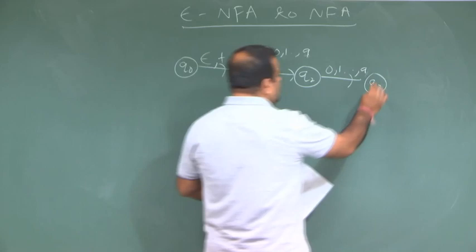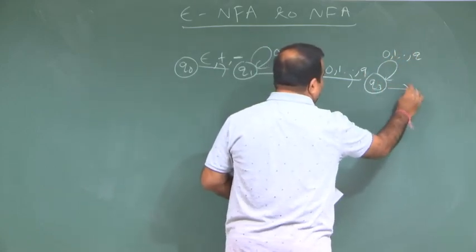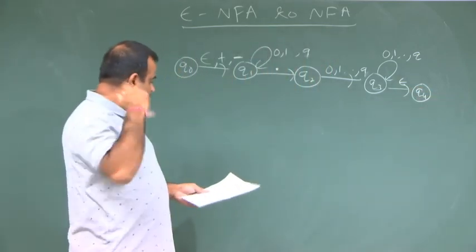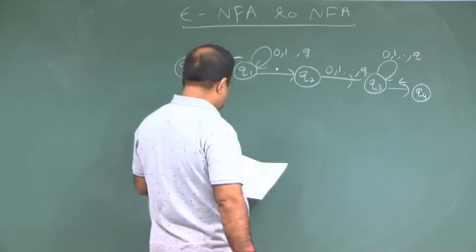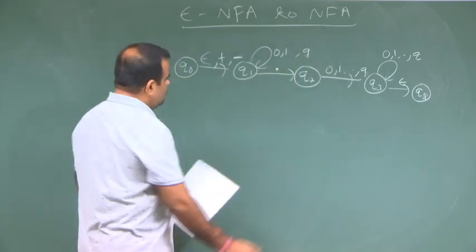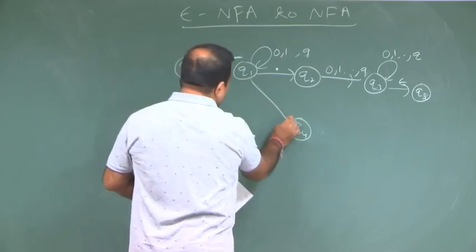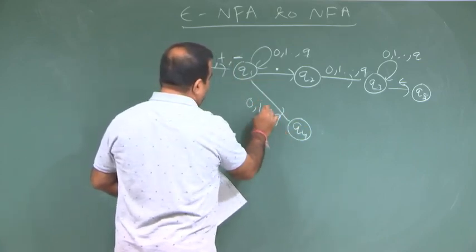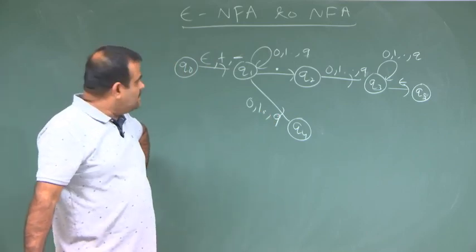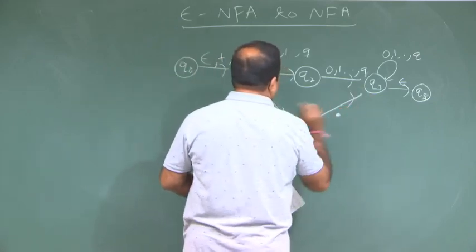From Q3 we hop here if we have a digit input, and finally we will go to Q4 with an epsilon move. This is Q5, and we have Q4 over here. So, from Q1, if we have a digit 0, 1 to 9, we will go there, and if we have a dot over here, we will go there.